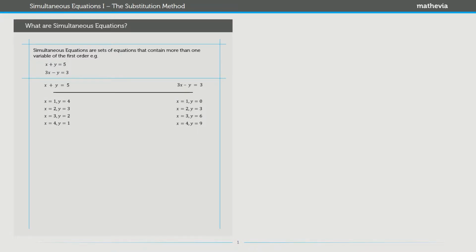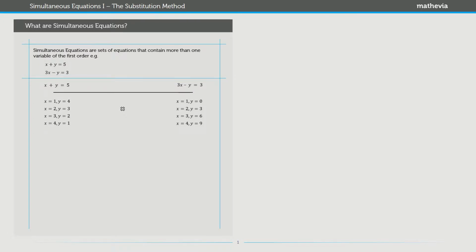But when you're looking to solve a set of simultaneous equations, this is why they come in sets. You're actually looking for values for x and y that satisfy both equations. If you look at this closely, you should be able to identify that this happens at the point where x is 2 and y is 3.